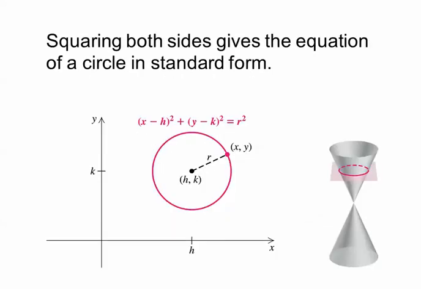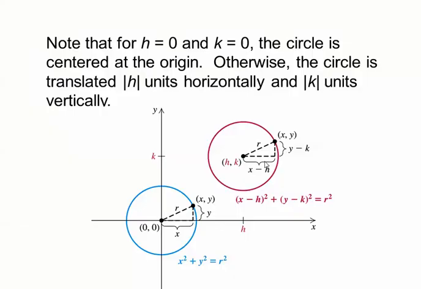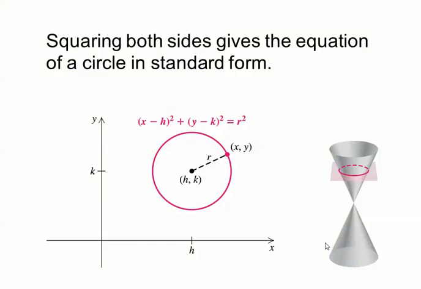And then if we square both sides of that, we get what is called the standard form of the equation of a circle. Okay, x minus the x-coordinate of the center squared plus y minus the y-coordinate of the center squared equals the radius squared.